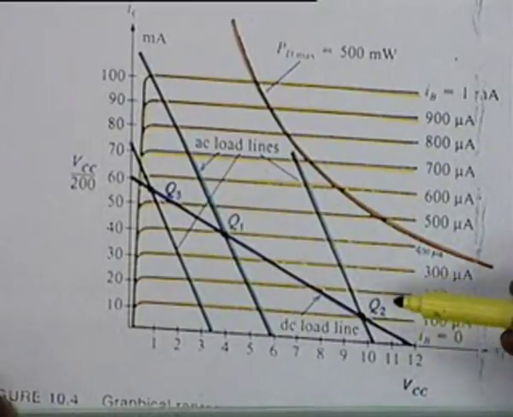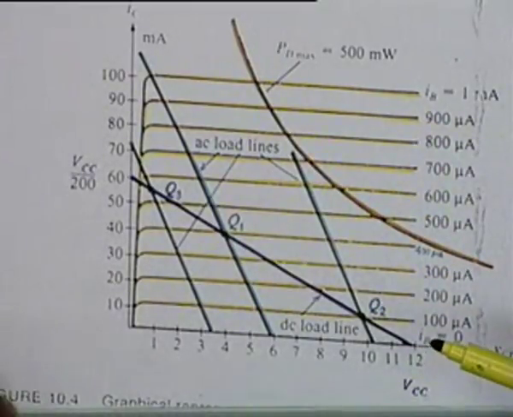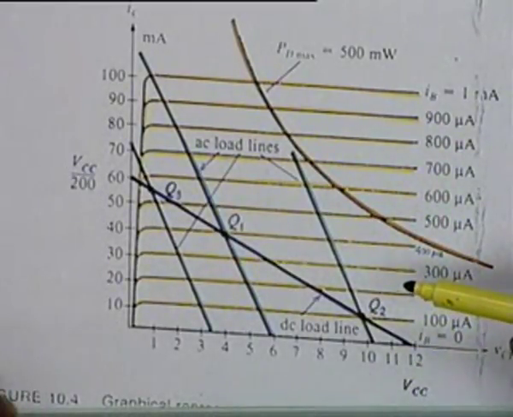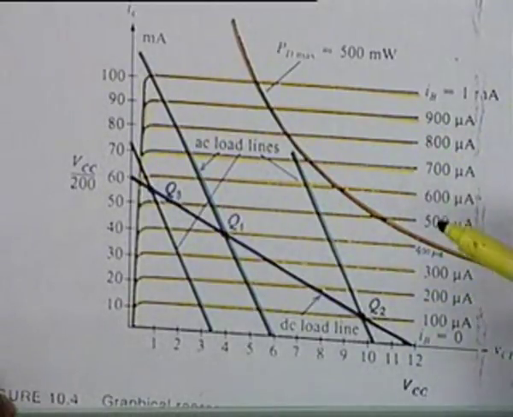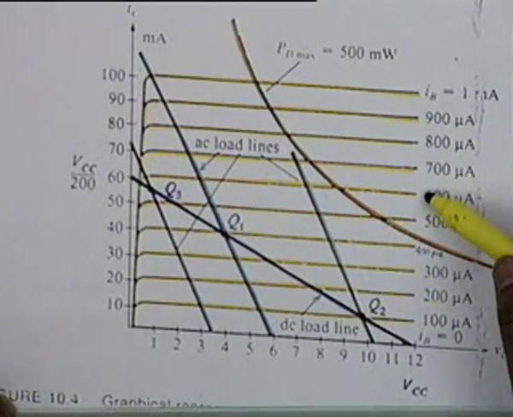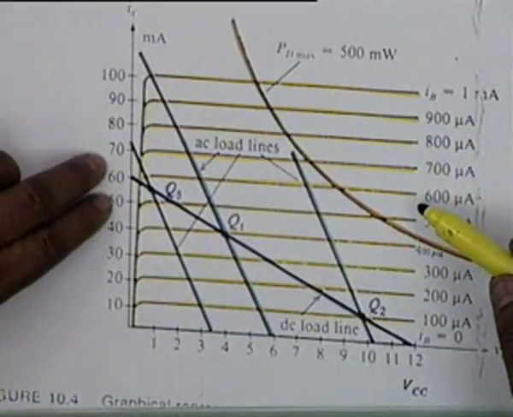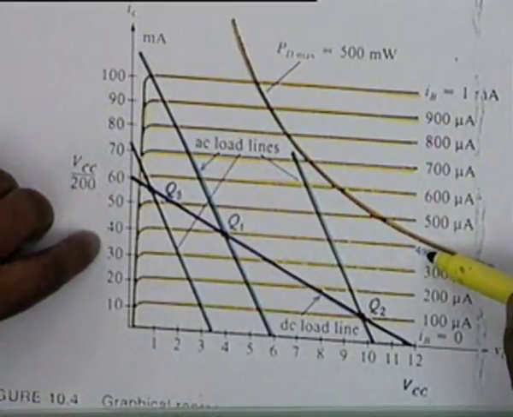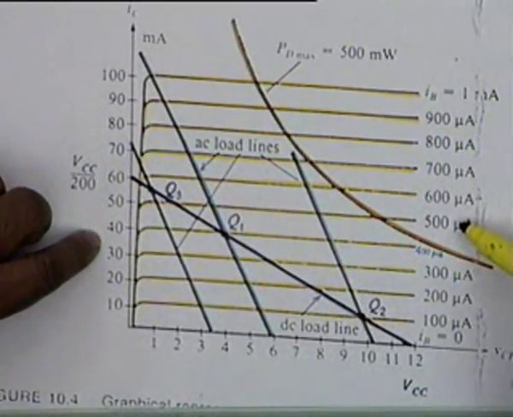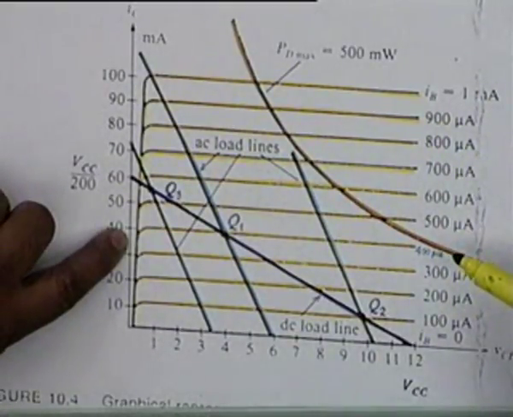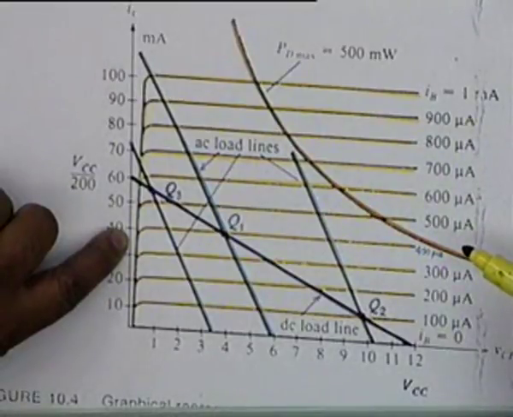As you can see, they are approximately parallel to each other and approximately equidistant. From 500 to 600 the increase is about 10 milliamperes, and from 500 to 400 the difference is again approximately 10 milliamperes. This is the base current.